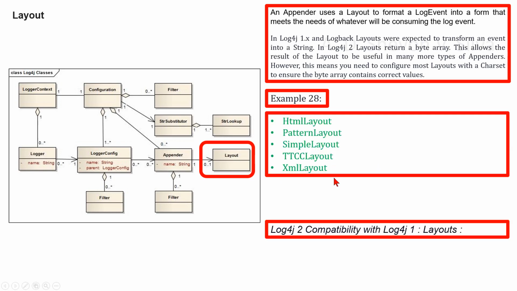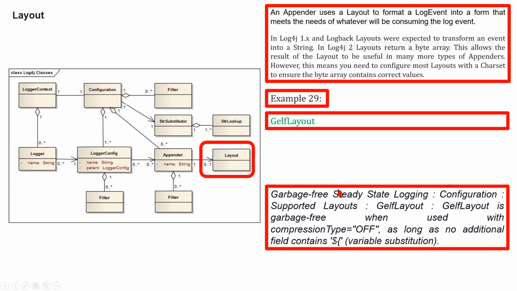Now we are considering layouts in Log4j 2 compatibility with Log4j 1: HTML layout, pattern layout, simple layout, TTCC layout, XML layout. Now we are considering supported layouts in garbage-free steady state logging.